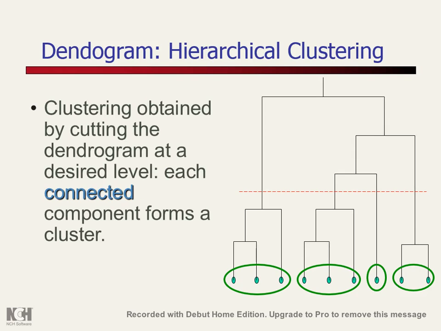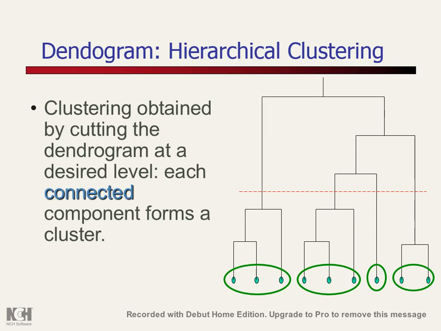Okay, here is a dendrogram. When we build up the tree-based clustering, you can say, okay, I want only 4 clusters. You can choose by cutting the dendrogram at the desired level. For example, here I choose to cut here.